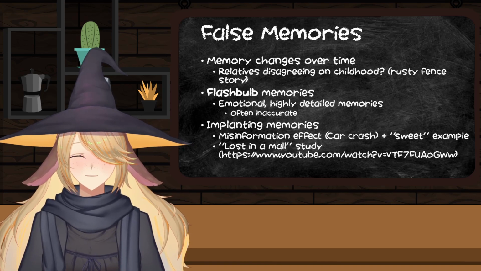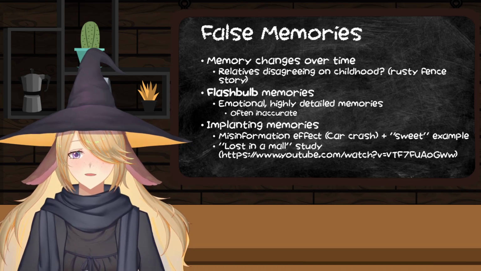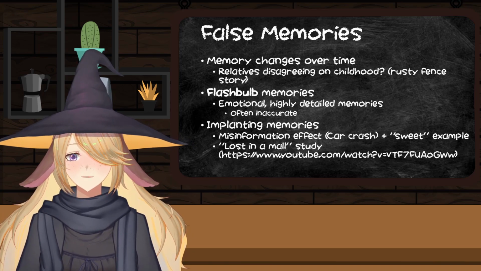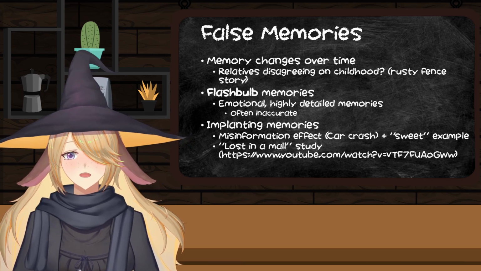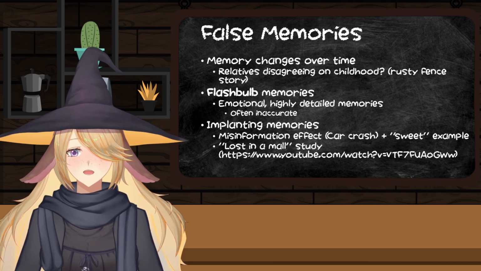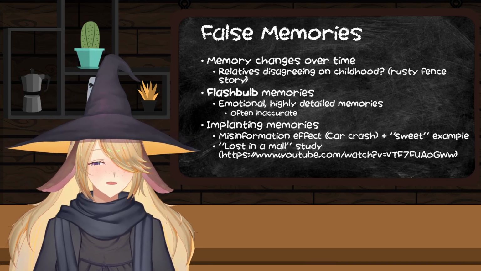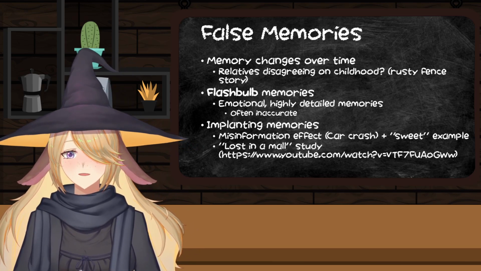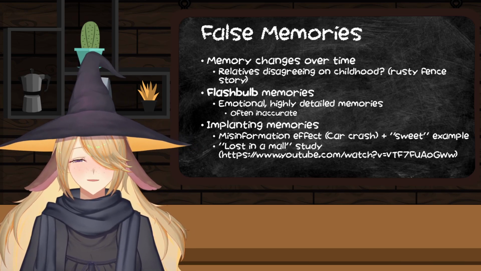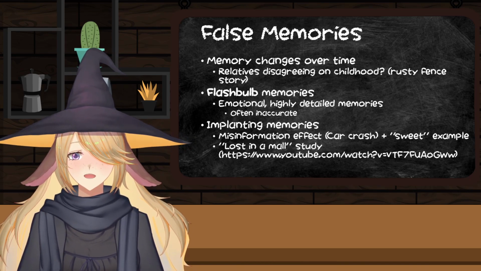It was manipulated whether the prompt said the cars bumped into each other, collided, or smashed into each other. The wording of that prompt caused them to remember that information differently, because our memories, even memories that we are very certain of, are very malleable and can be very inaccurate, even though we swear that it happened.